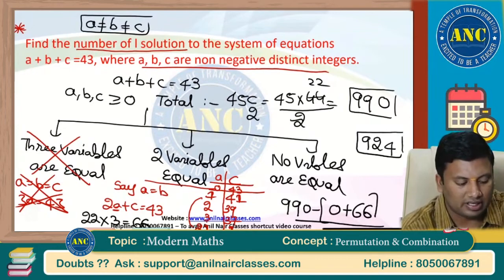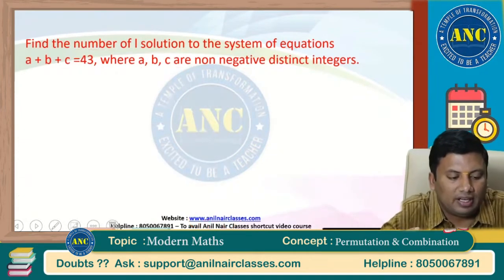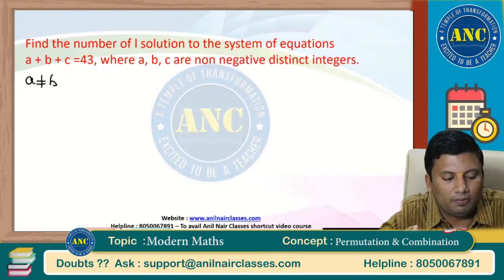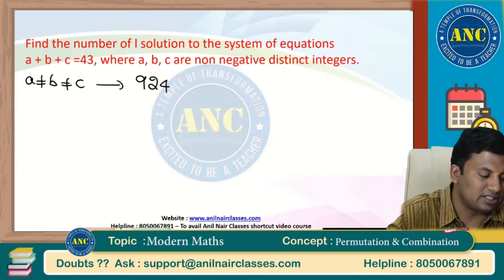924. Now see here, listen carefully. A not equivalent to B not equivalent to C. How many cases did we get? 924 cases we got.